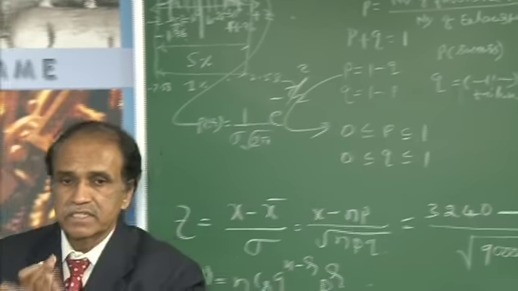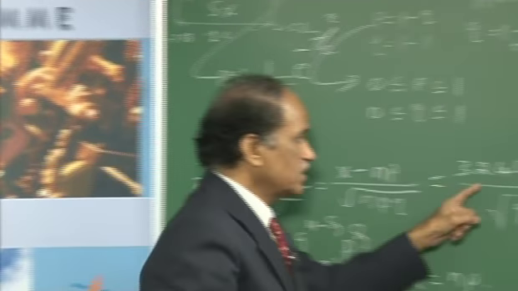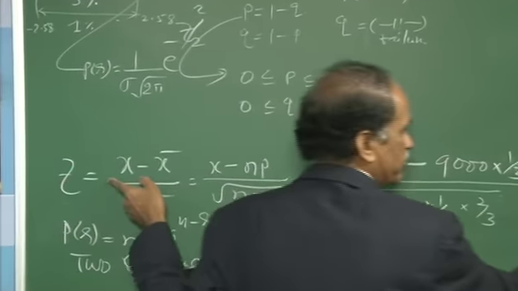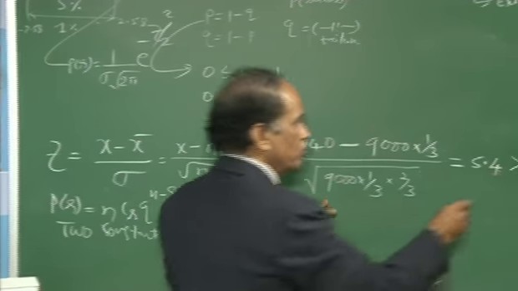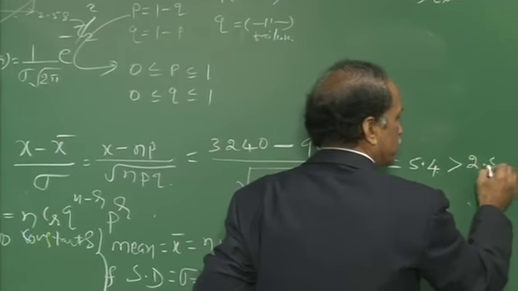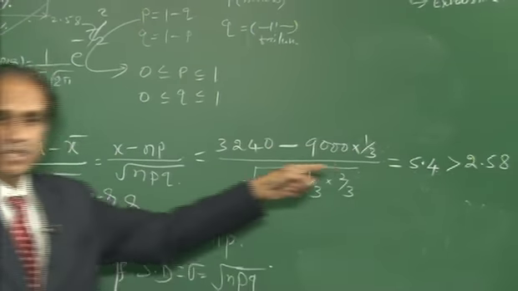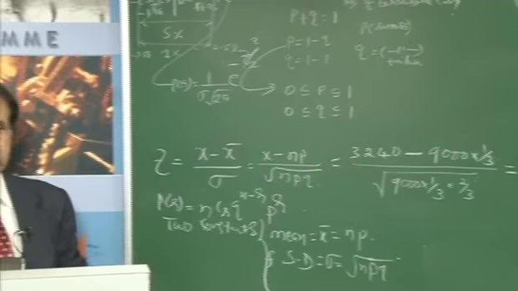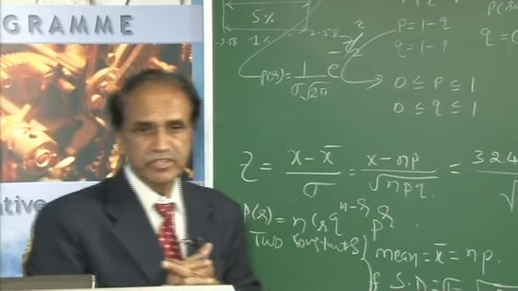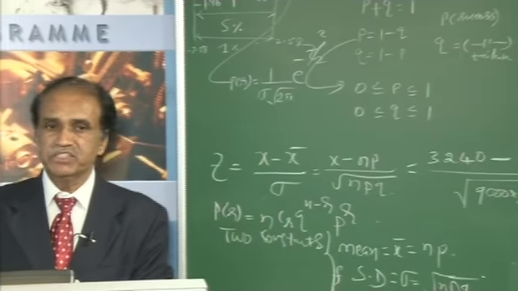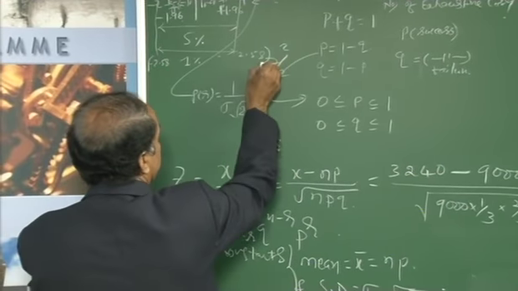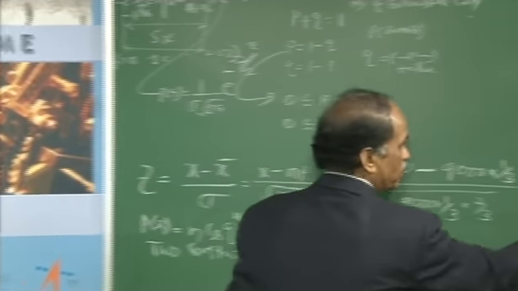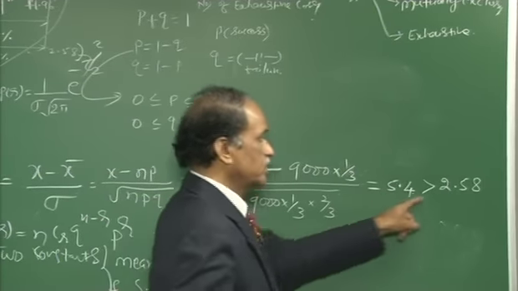Dear students, you can decide very easily now: the calculated z equal to 5.4 does not match with either value, and even exceeds 2.58. That means 2.58 is our limit, but here we get 5.4, which is greater than 2.58. This shows that the hypothesis is to be rejected at the 1% level of significance. As you know, the 1% level of significance corresponds to minus 2.58 and plus 2.58. What we calculated, 5.4, is beyond that range.